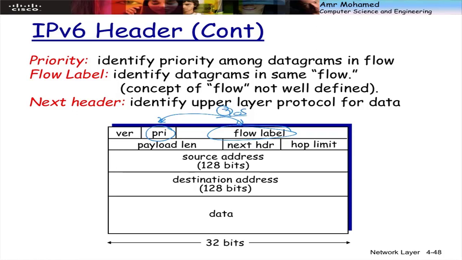Like, what is the difference? The priority provides priority in the packet, right? Regardless of where the packet is coming from and where the packet is going to. Right? It doesn't matter where the packet is coming from. So, the priority of the incoming packet can be scheduled in the router.